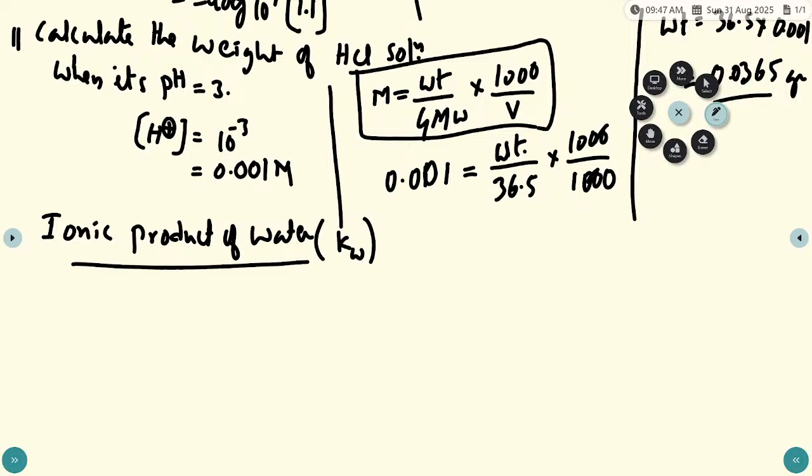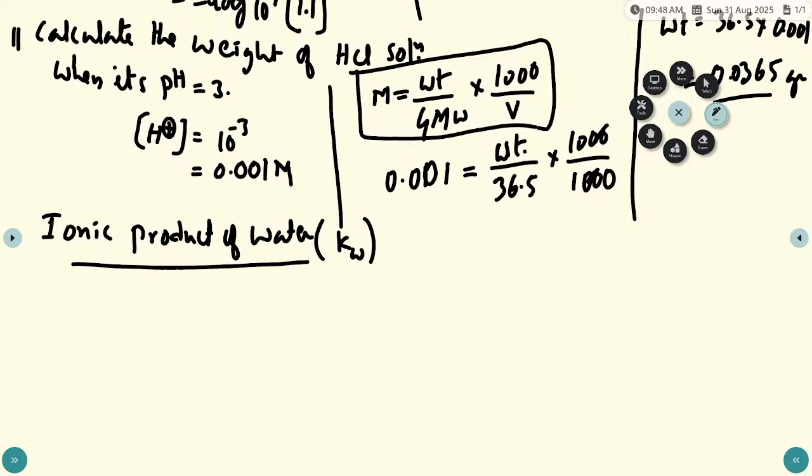K means constant. Okay, so it is an equilibrium constant. So the equilibrium constant of water is also known as ionic product of water. So before going to the definition, what are the ions present in water? H plus and OH minus ions.